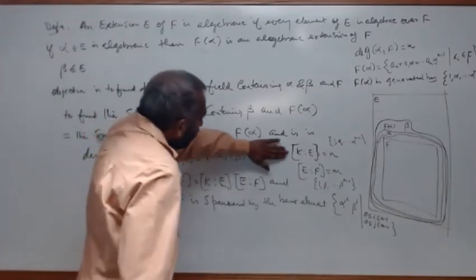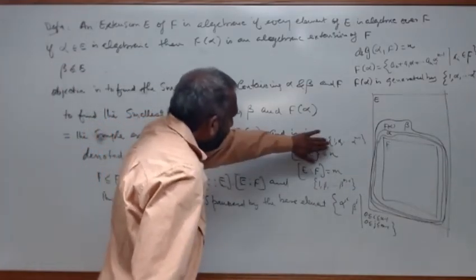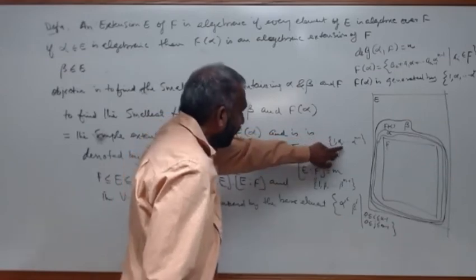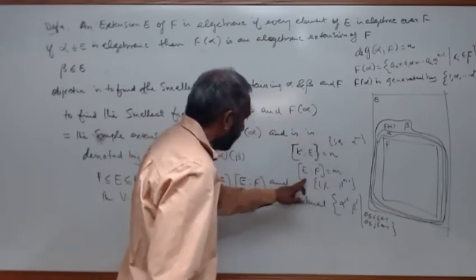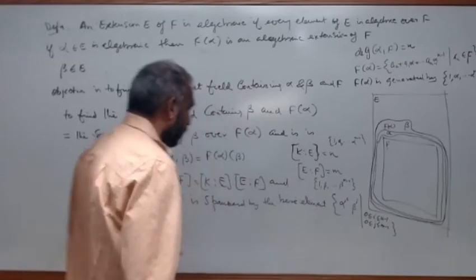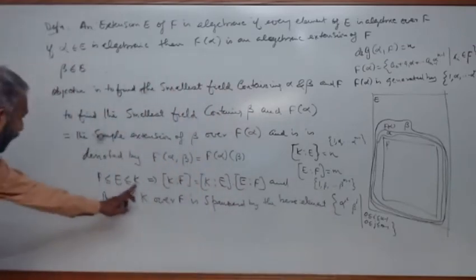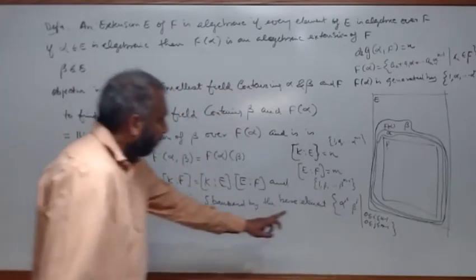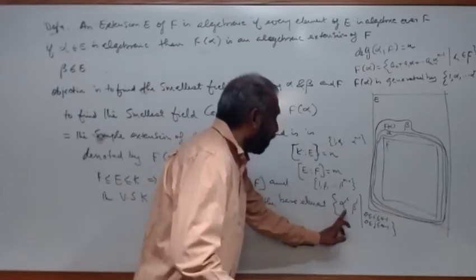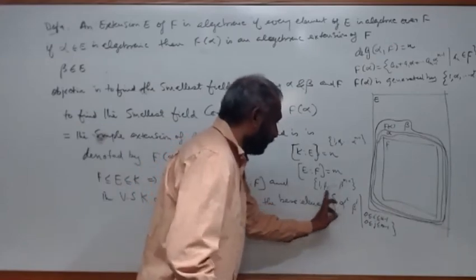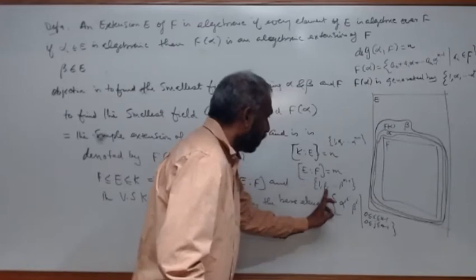If this is an extension generated by these n elements, and this is an extension generated by these m elements, then K over F is generated by the products of the base elements of these two.